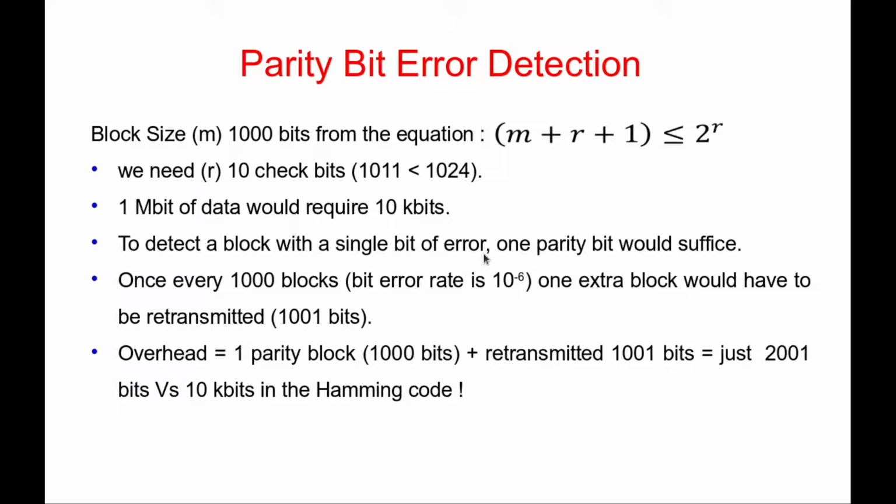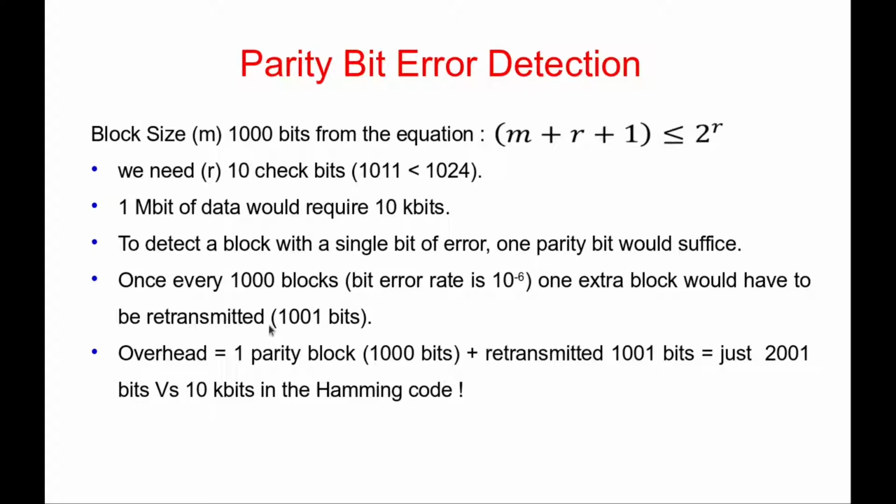So with this logic, for every 1000 blocks, each containing 1000 bits, where the bit error rate is 10 raised to minus 6, that means for every 1 megabit, only one bit can be in error. With this logic, only one extra block would have to be retransmitted.